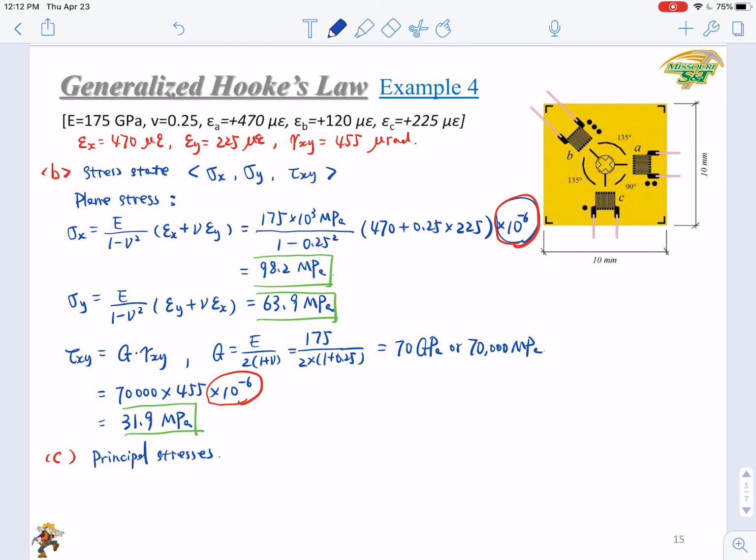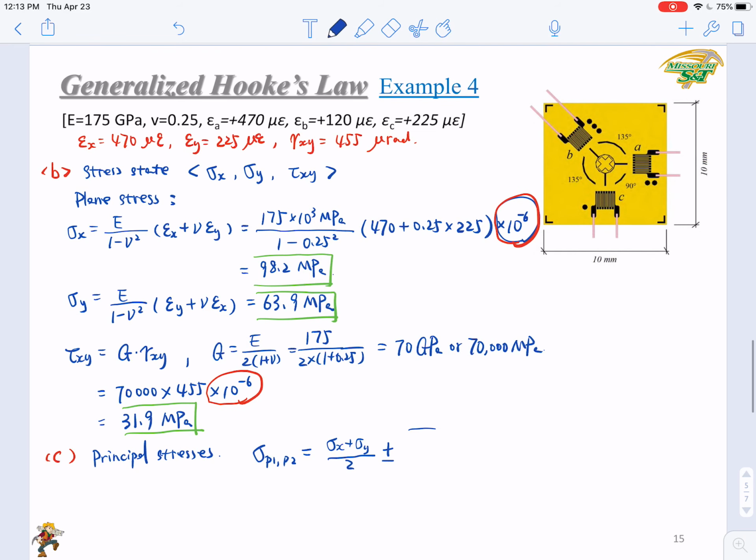So the principal stresses P1, P2 equal the center, which is the average of sigma x and sigma y, plus or minus 1 r.